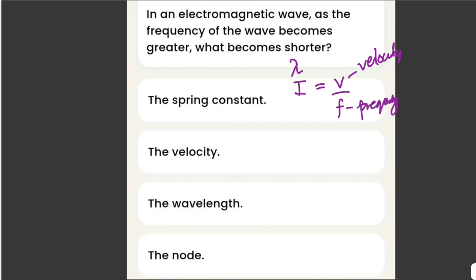As a result, as frequency increases, the wavelength must decrease if the velocity stays the same, which it does because velocity is an independent property in this equation. Therefore, the one that becomes shorter is the wavelength. So this is the answer here.